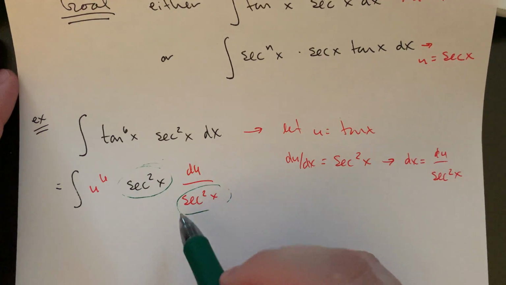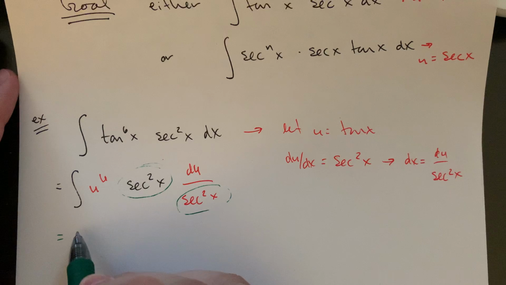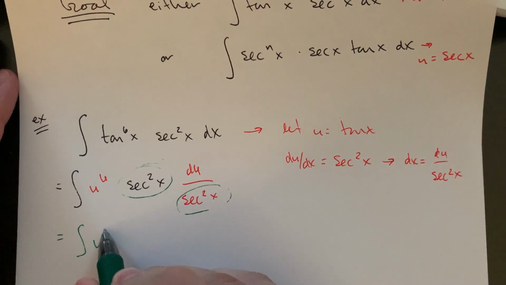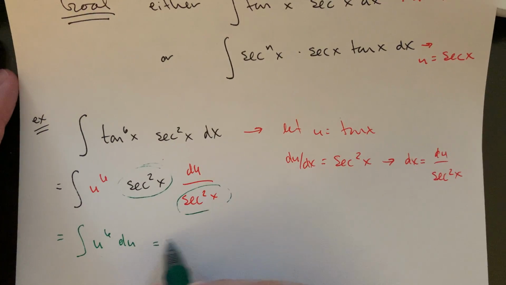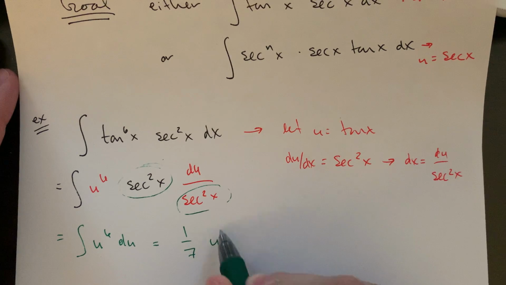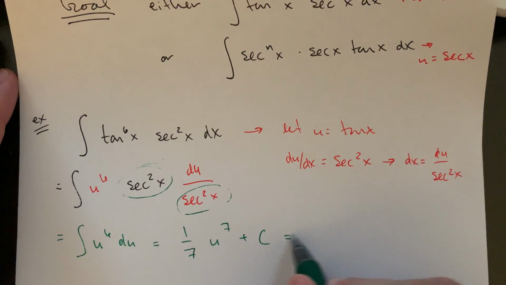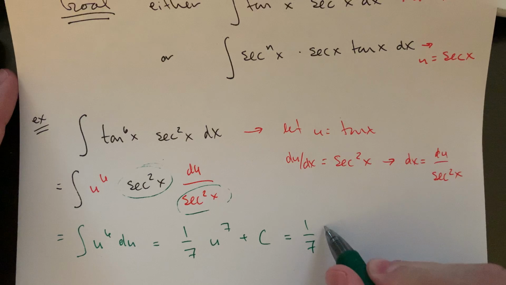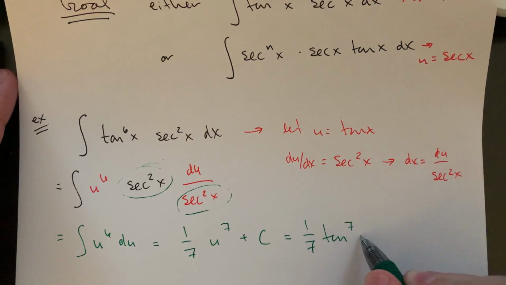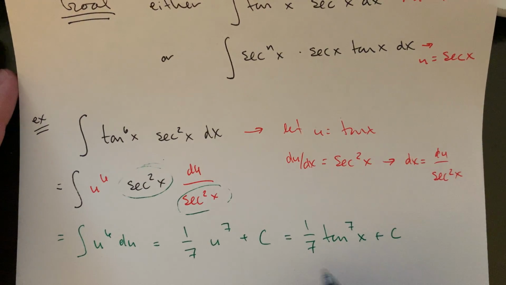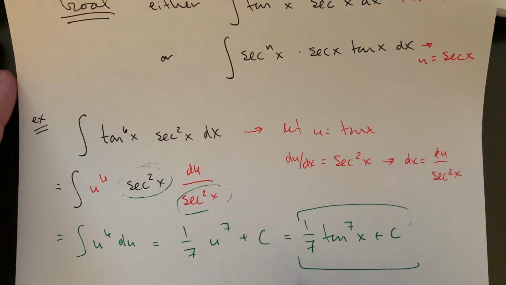The secant squares here cancel each other out. So really all I'm dealing with is the integral of u to the 6 du. My antiderivative is just a nice power rule on u. Rewritten, that's 1/7 tangent to the 7 of x plus big C.